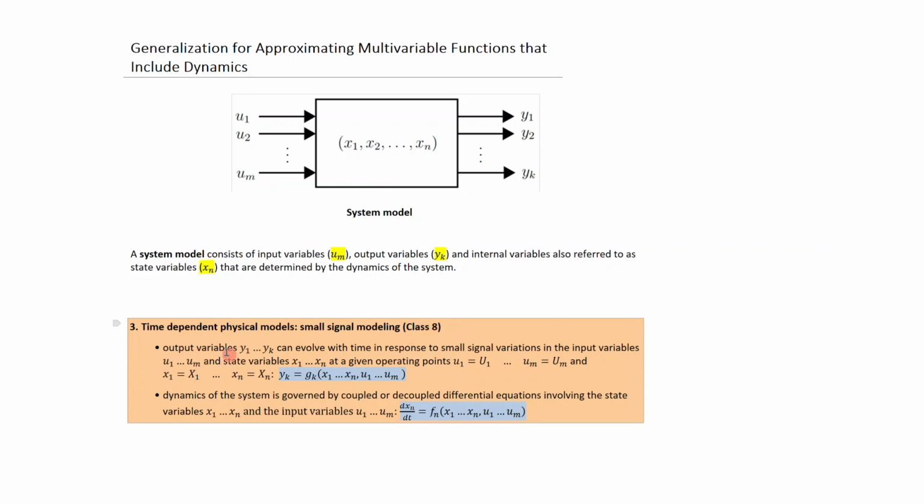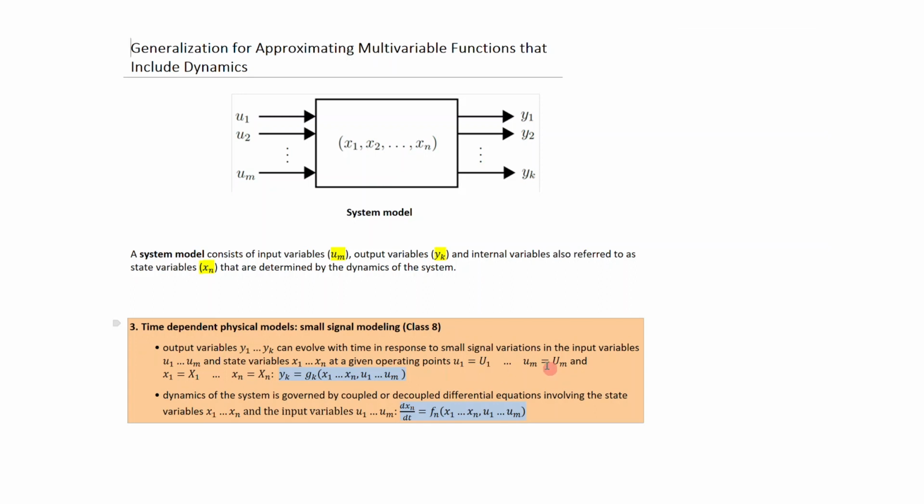So we have output variables y1 through yk, which can evolve with time in response to small signal variations in the input variables, that is u1 through um, and the state variables x1 through xn. At a given operating point, you are driving the system with a steady state value for u1. We sometimes call it steady state, equilibrium point, and so on.